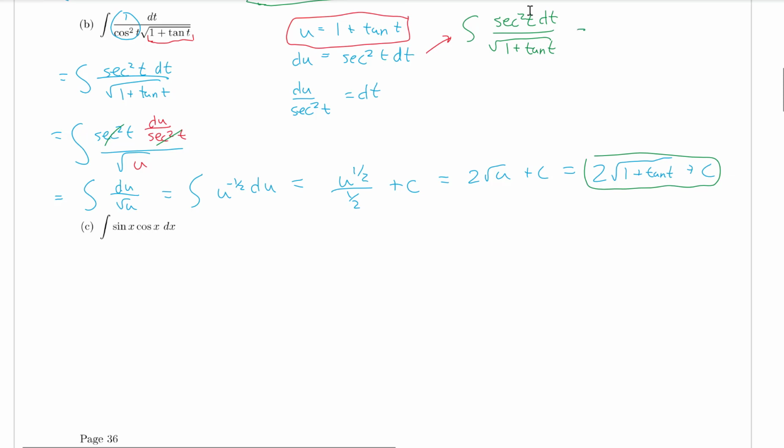If we do the substitution that way, we just get du right away, and then we have over the square root of u, which is the exact same thing we got by doing this roundabout way of substituting in our dt.